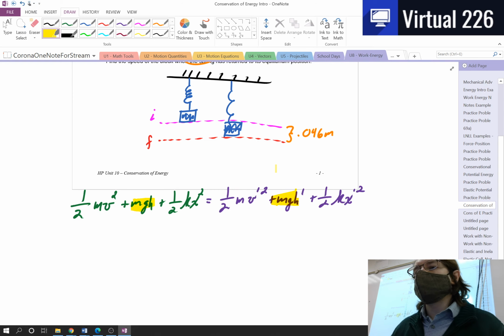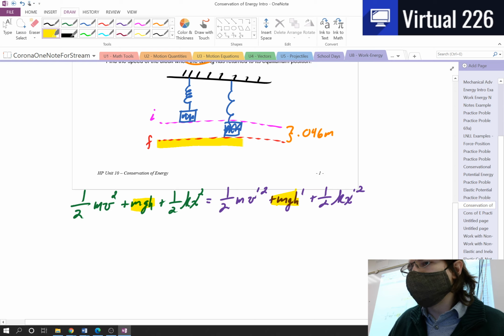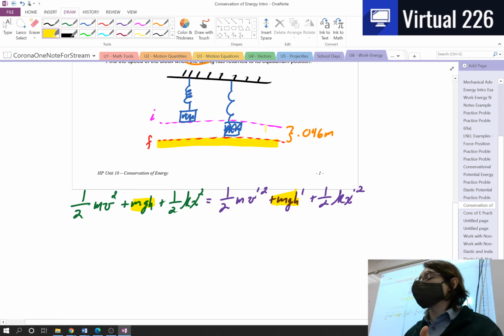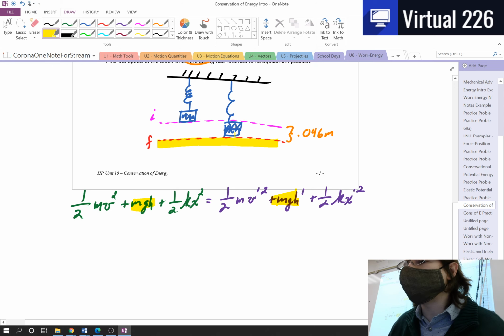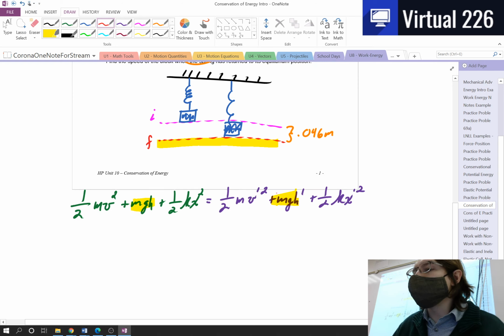Now, in this problem, there is a slightly clever reference position to pick, and it happens to be this final position. I guess the initial position works just as well, but the final position is very nice because if the block reaches this final position, then our height of the block above this reference position is 0, and that term will go away.